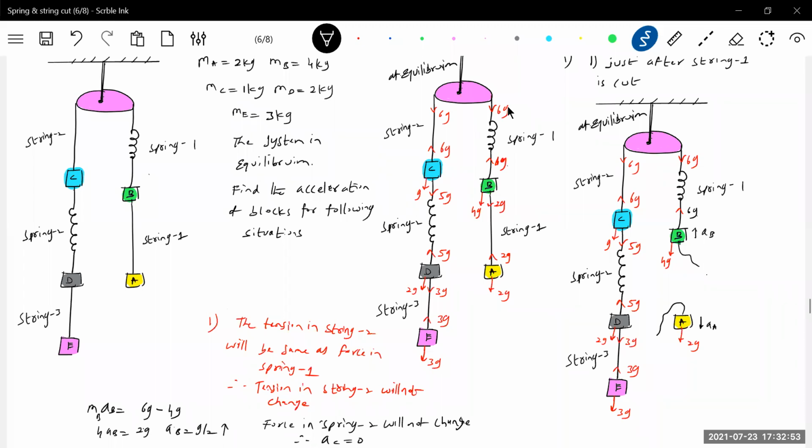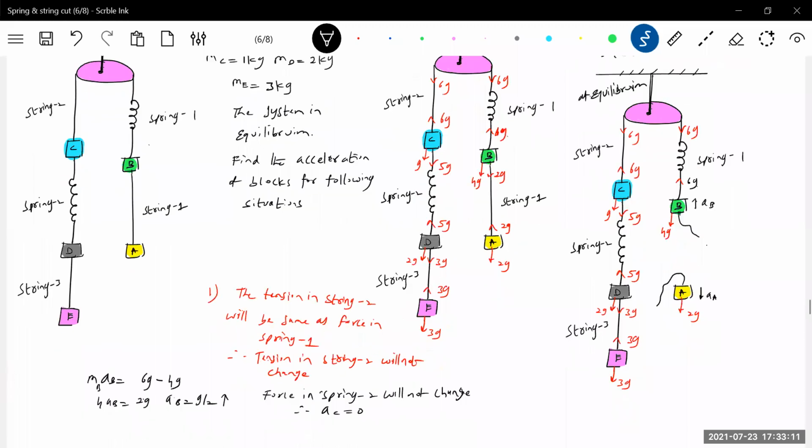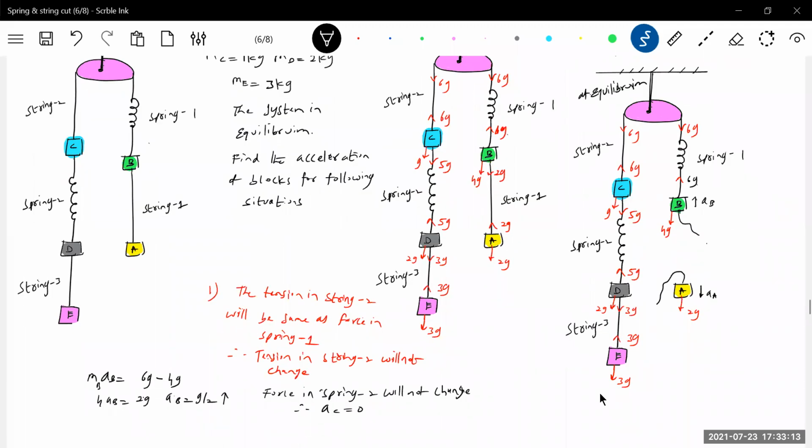Now let's talk about D and E. They will be at rest. They will continue to be in inertia of rest.